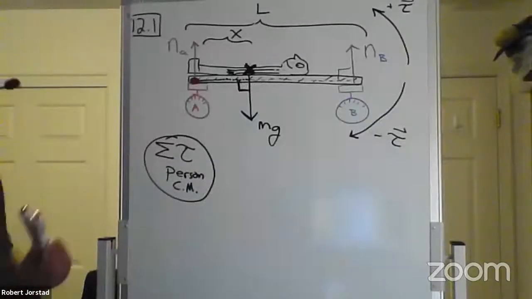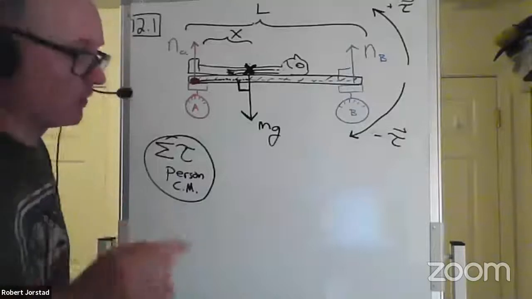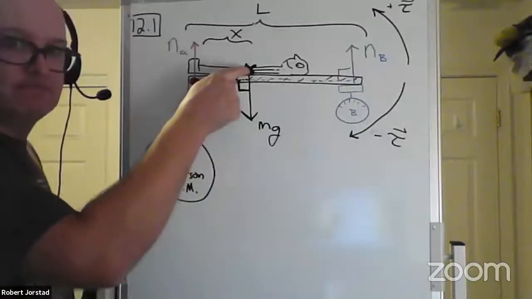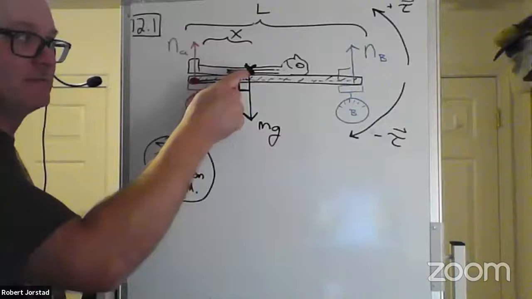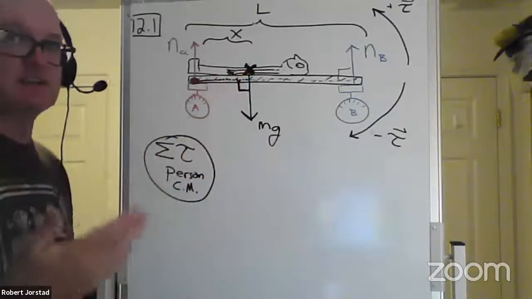I think friction. Nope. Which force does not cause a torque if I pick this as the pivot? Oh, okay. So it's definitely not going to be anything that goes through the pivot then. Right. So this is now our pivot. So what are the two forces that do cause torques?